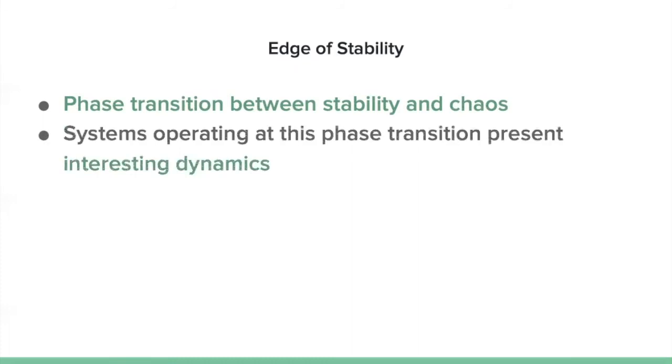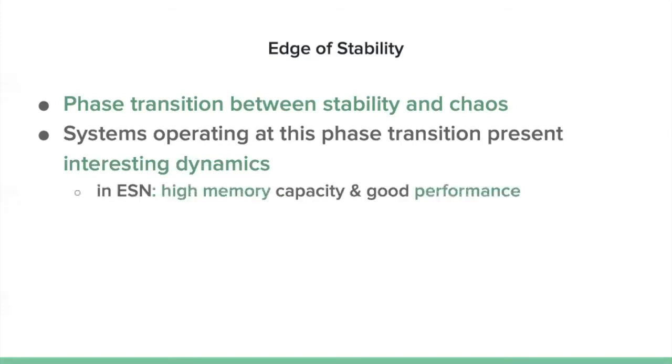Systems operating at this phase transition, like recurrent layers, have interesting dynamics. For example, in the case of echo state networks, it has been observed several times that in correspondence to this edge of stability, it is possible to have high memory capacity and good performance of the network.